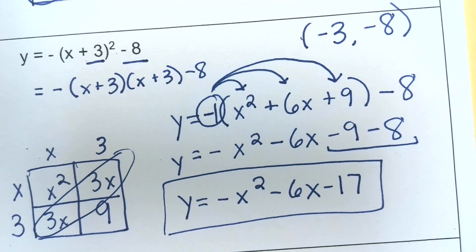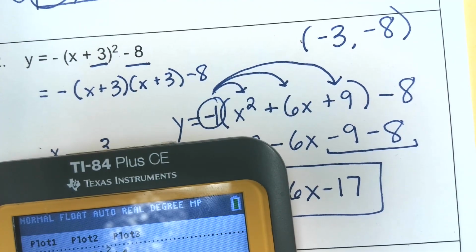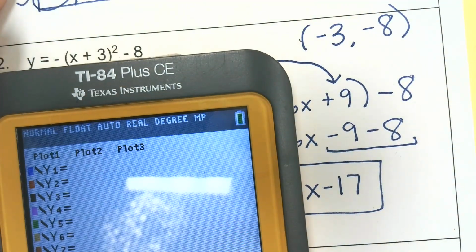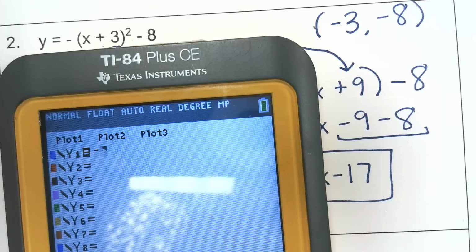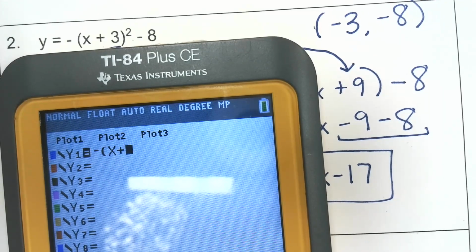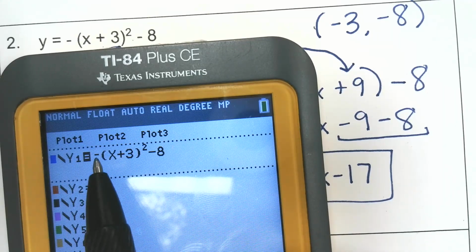So we like to use our calculator to check all the things. So go to y equals, clear out what's in there. We're going to put in our original, so negative parentheses, x plus 3 squared minus 8. Make sure you put minus there, but negative there.